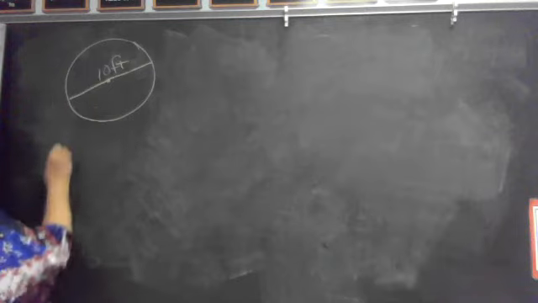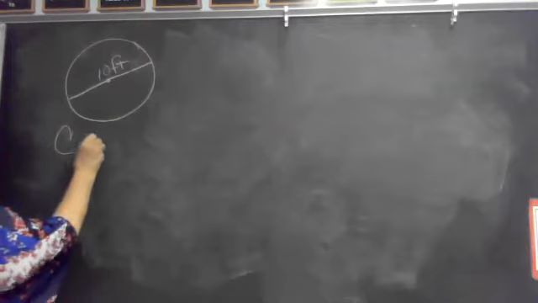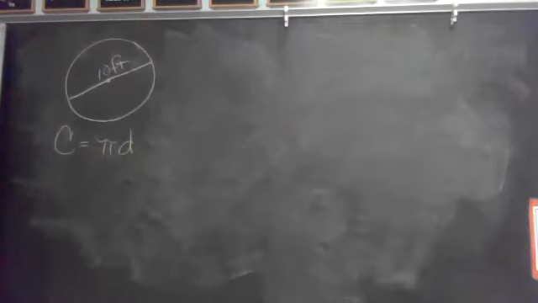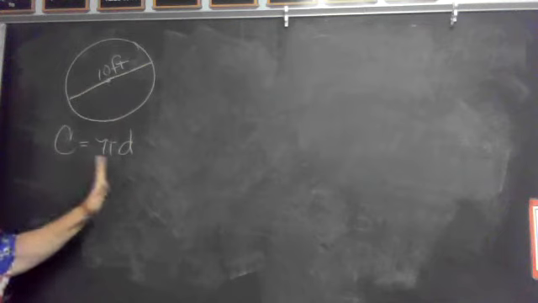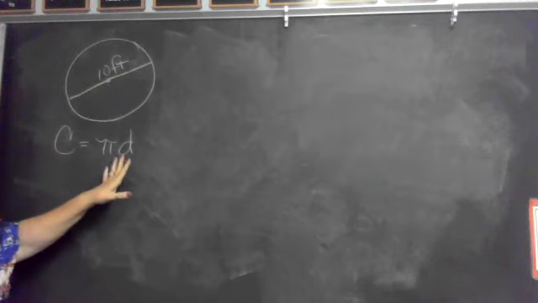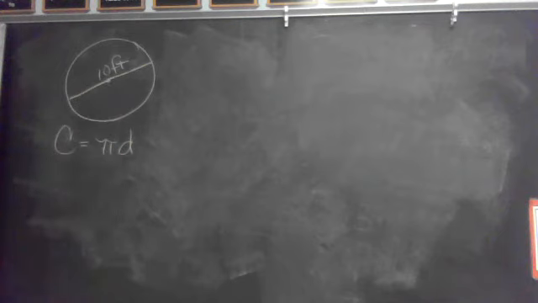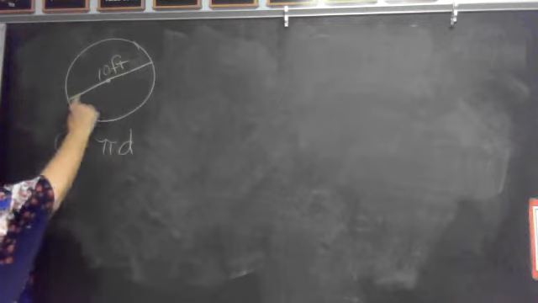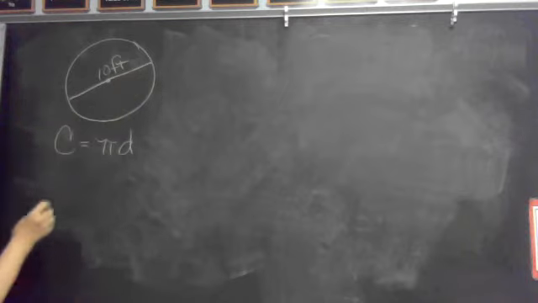Okay, we're going to find that circumference is pi times d, since you're using the diameter, use this formula. Okay? Circumference equals pi times the diameter, goes all the way.